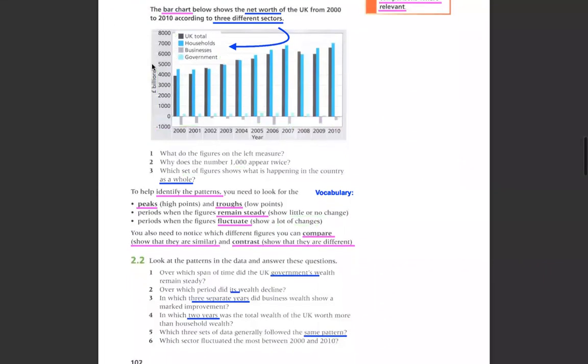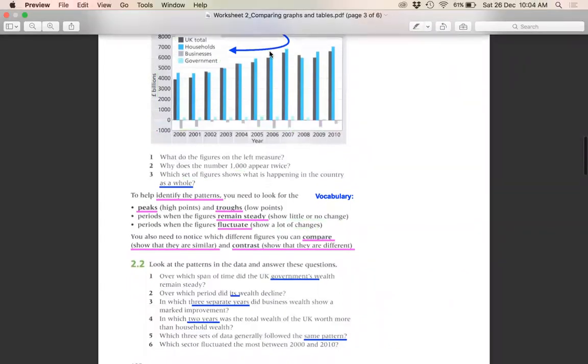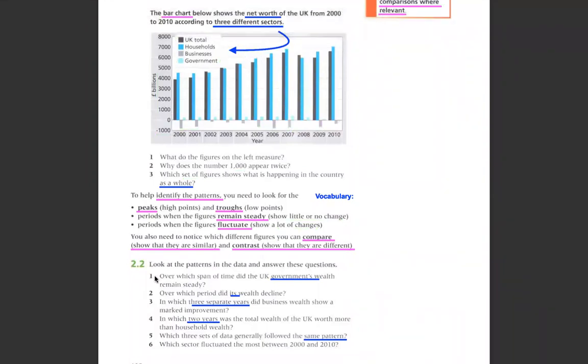So let's have a look at these questions over here and try and answer them. So have a look at number 1. It says, over which span of time, so we're looking at time at the bottom, did the UK government's wealth remain steady? So I want you to type the years into the chat box. Between which years did it remain steady? That means it shows little or no change.